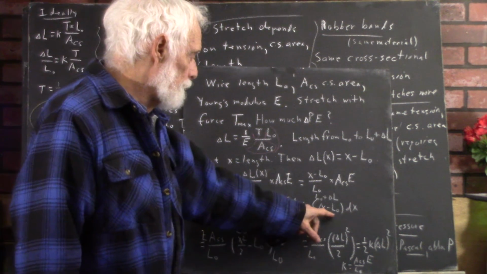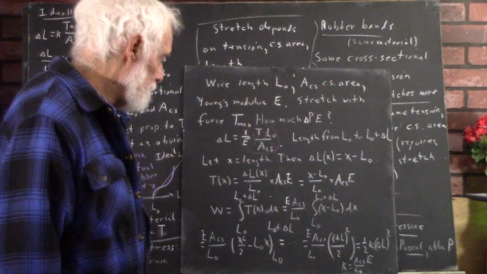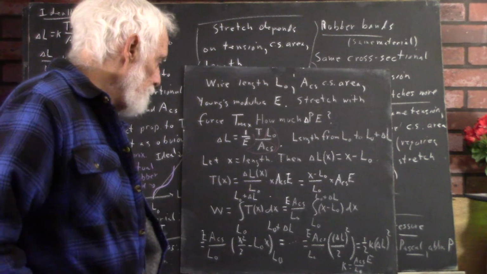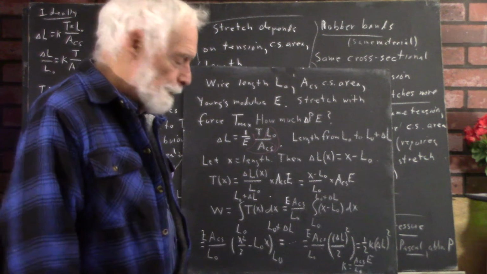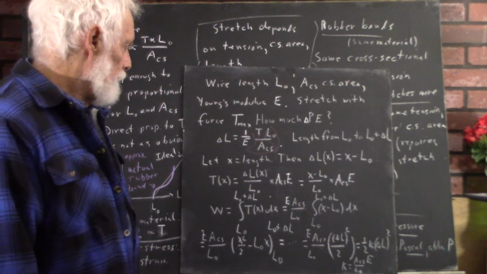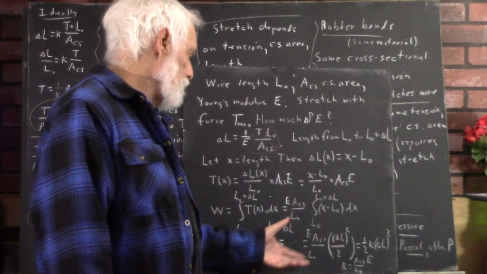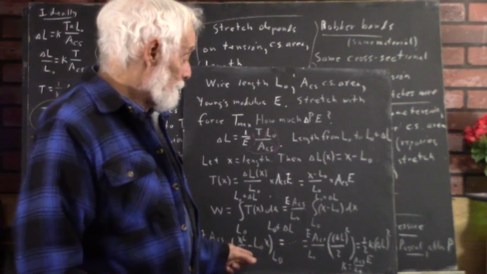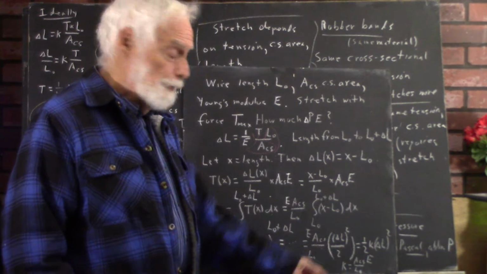Antiderivative is x squared over 2 minus L naught x, simple enough. We plug in L naught and L naught plus delta L. You can verify the steps here. I tried to do this in my head. I didn't have room to write it out. And I think I saw it, but I know how it's supposed to end up, so I just did what I tell you never to do.